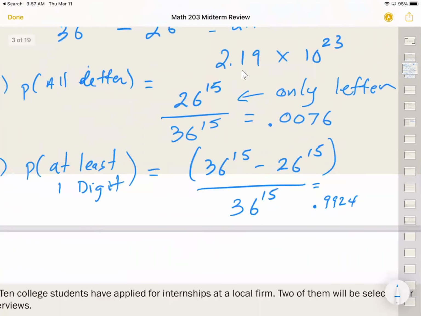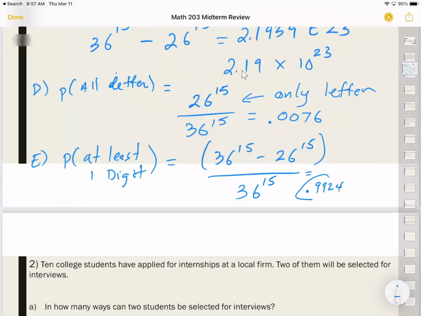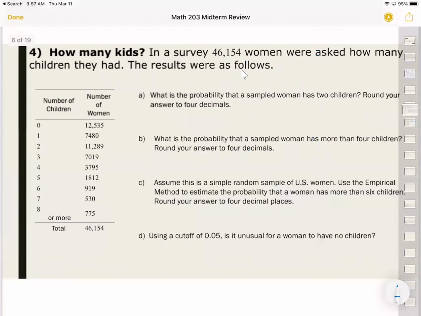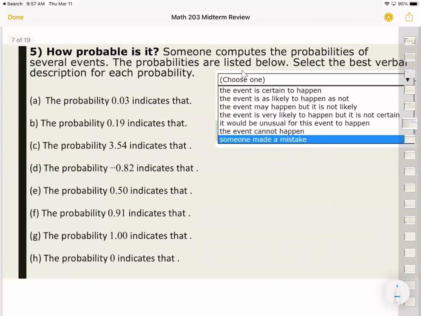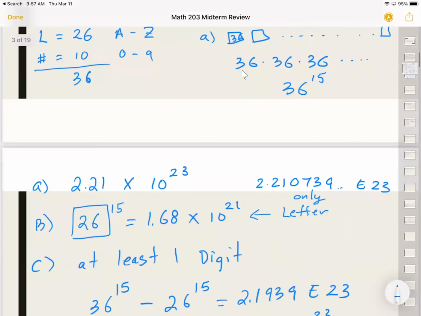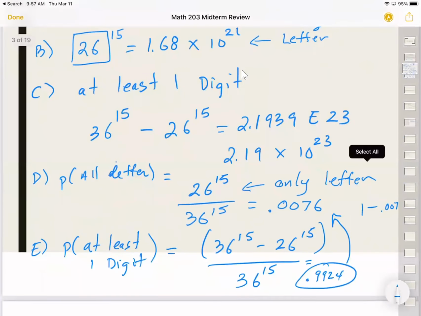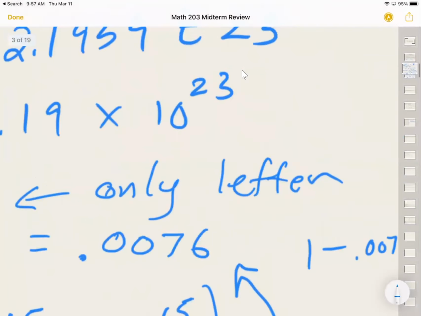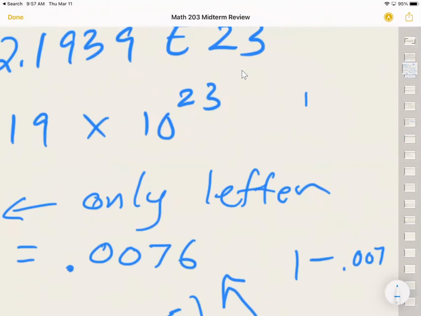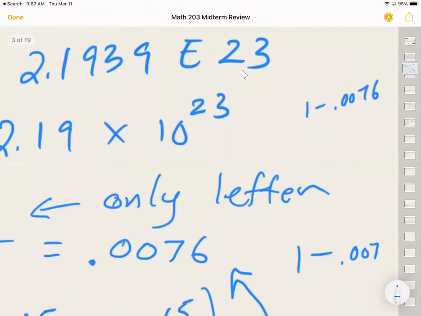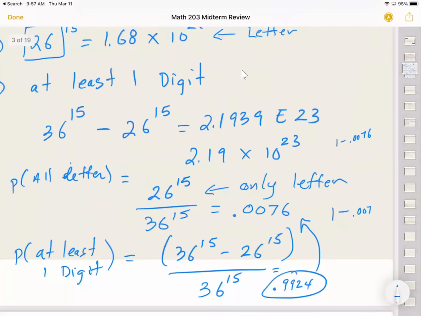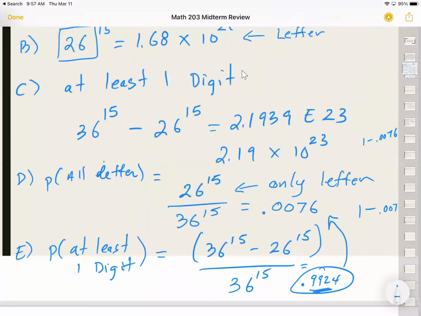And again, this is the same as, for those of you who say, oh, Mr. Tran, I took 1 minus this. If you take 1 minus this item here, 1 minus 0.0076, you still get this number right here, 0.9924.